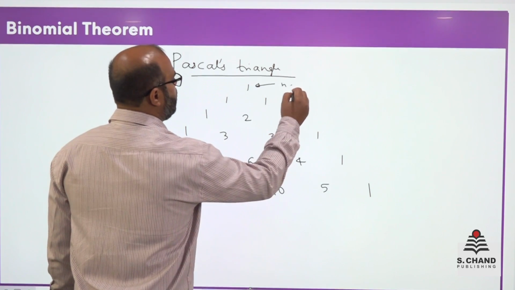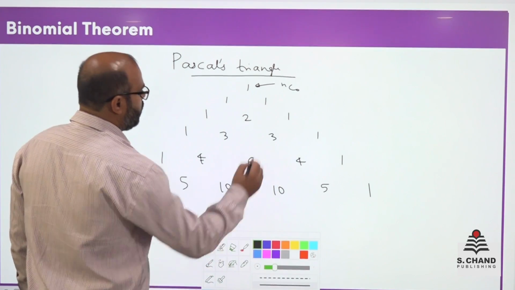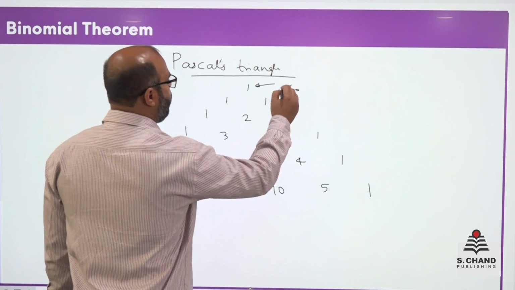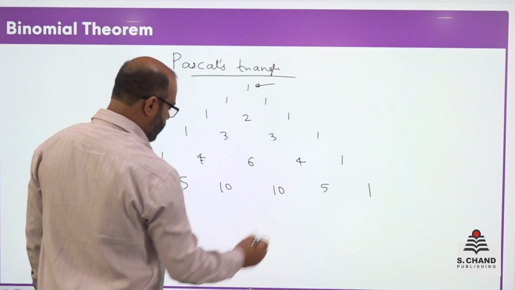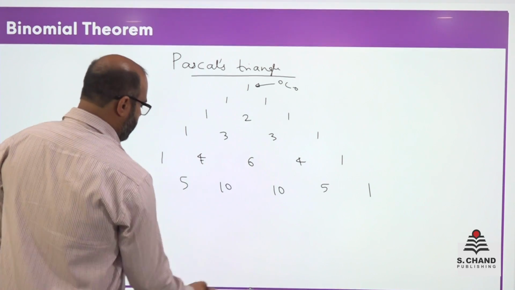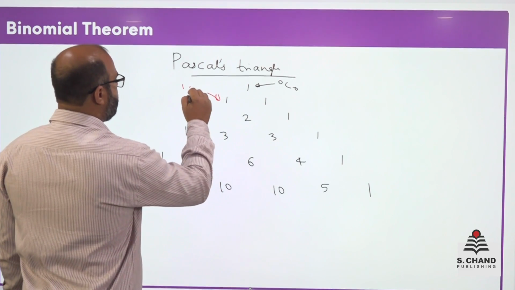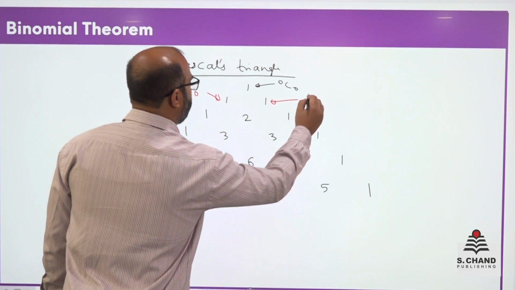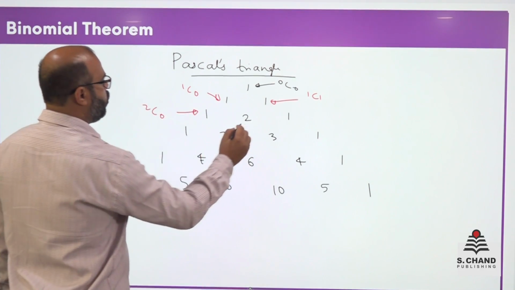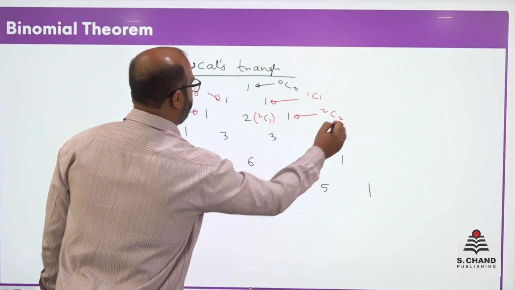And if you observe, what are these? This is nC0, or we say, instead of nC0, where n is equal to 0, this is 0C0. Now the next row, here it is 1C0 and this is 1C1. This is 2C0, 2C1, 2C2.